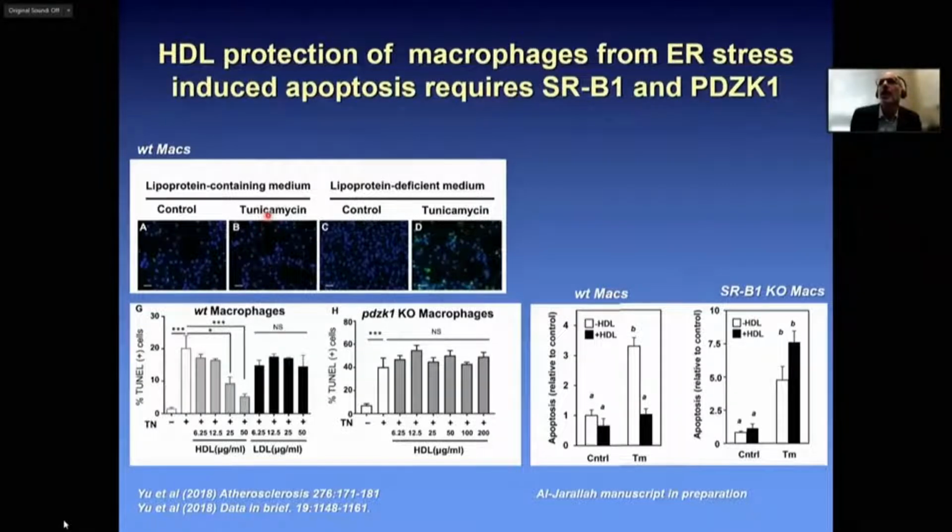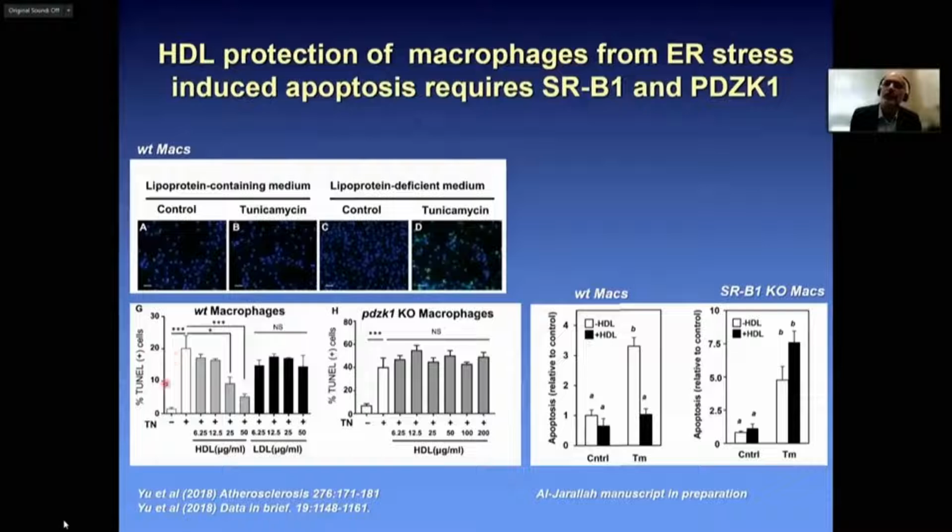However, when Pei Yu in the lab depleted lipoproteins from the growth medium, she found that the macrophages became much more sensitive to tunicamycin-induced cell death. In this case, she measured apoptosis using TUNEL staining for DNA fragmentation. And as you can see, there's a large abundance of green TUNEL-stained macrophage nuclei.